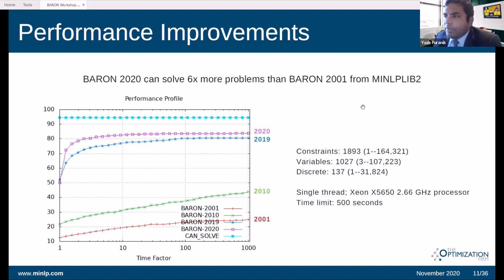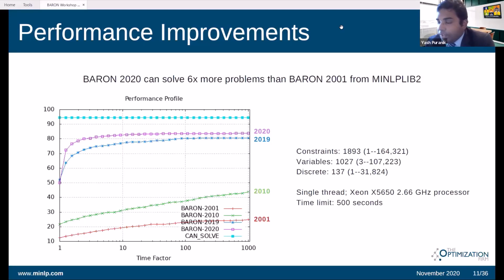So this gives us an idea of the relative performance of each of the different solvers on this test lib. We can see that back in 2001, we could barely solve maybe 20% of the problems, and now in 2020 we can solve more than 80% of the problems in MINLP lib.